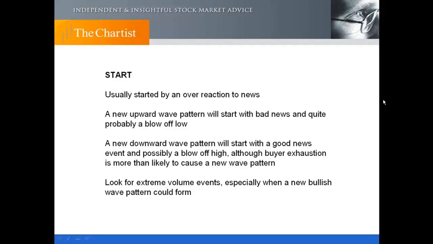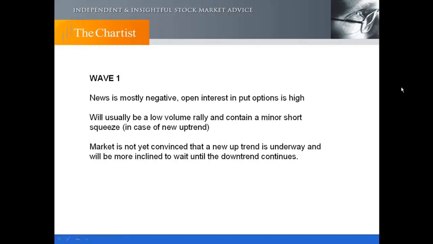So bear market rallies, nasty, nasty pieces of work. But when we get a market top, they tend to roll over slowly. So what we want to look for to see the end of a pattern is really, at the end of the day, extreme volume events, especially when a new bullish wave pattern could form. And we're going to show you a couple of examples of these as we go through.